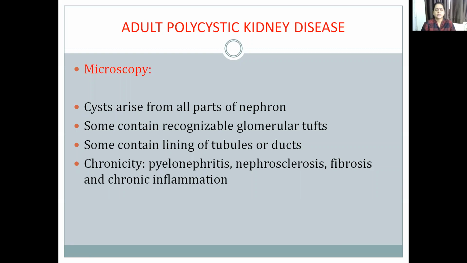Because of the glomerular ducts and some containing lining of the tubules and ducts. The adult polycystic kidney can be associated with infections like pyelonephritis, and it can have vascular changes, nephrosclerosis, interstitial fibrosis, and inflammation also when it is chronically present.